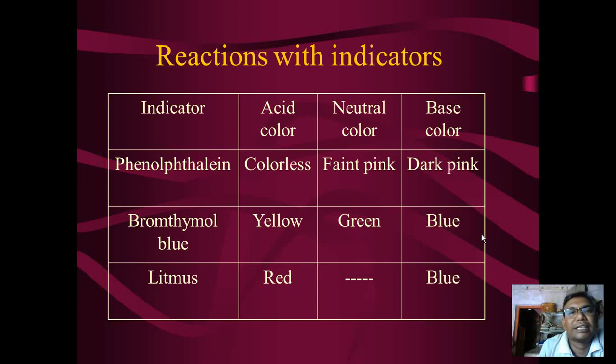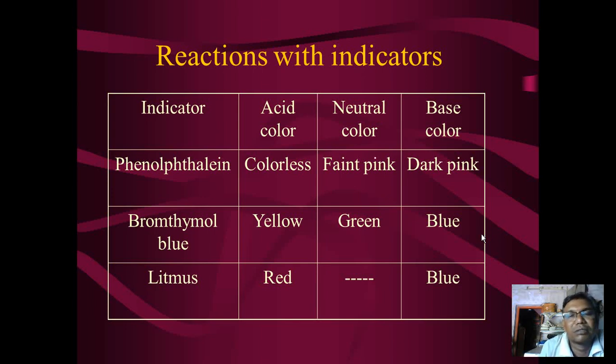With phenolphthalein, acid gives no color, neutral has faint pink, whereas base has dark pink. Bromothymol blue, when tested with acid, gives yellow color. With neutral it is green, and it is blue for base.